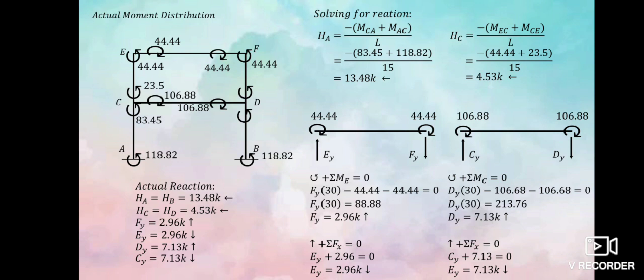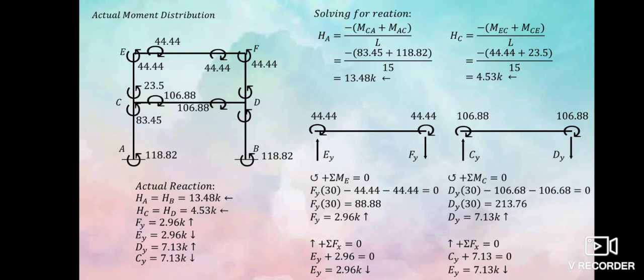Now look at the lower part. For the right part, all forces acting counterclockwise are positive. For the summation of moment E equal to 0, you'd get your result for Fy, with the length from E to F of 30, minus 44.44 and negative 44.44 as their reactions. You would be getting Fy equal to 2.96k.